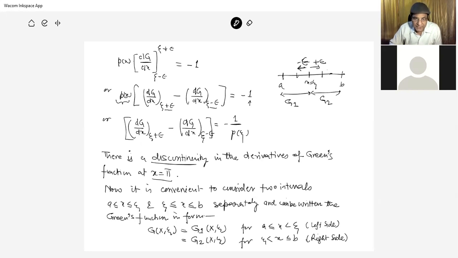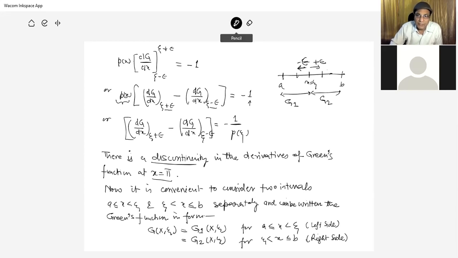Now it is convenient to consider two intervals: a is less than x and less than xi, and xi is less than x and less than or equal to b.